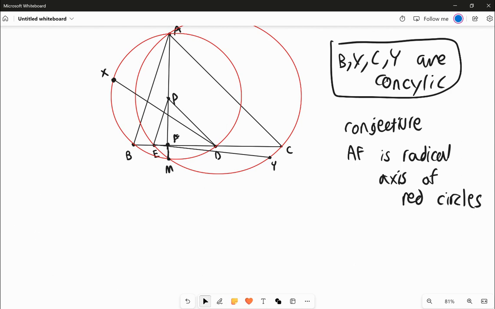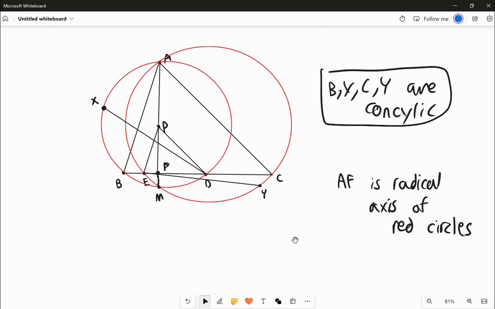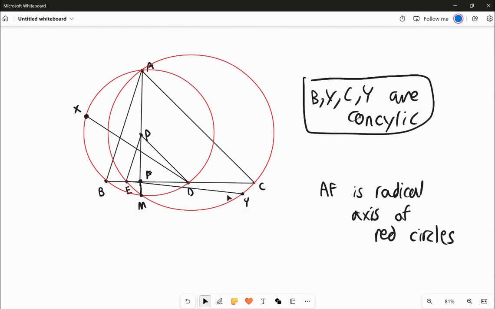Now we want to somehow throw the points X and Y in the picture. If we wish to show that B, X, C, and Y are concyclic, we want to prove that by the radical center lemma. Recall my video on radical axes, which talked about the radical center lemma.